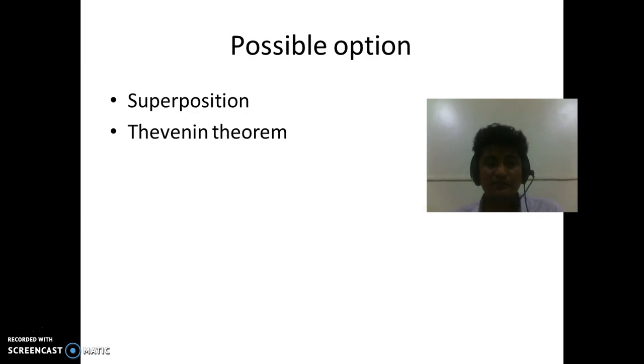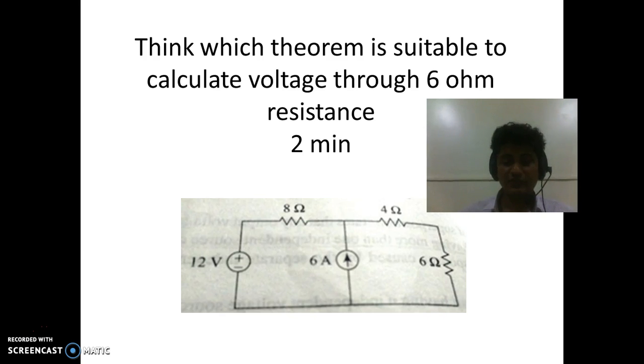I am assuming that you have done your exercise, so we can discuss all possible options to calculate the voltage across the 6 ohm resistance. In this circuit you can observe that there are two sources, one is a voltage source and the other is a current source.